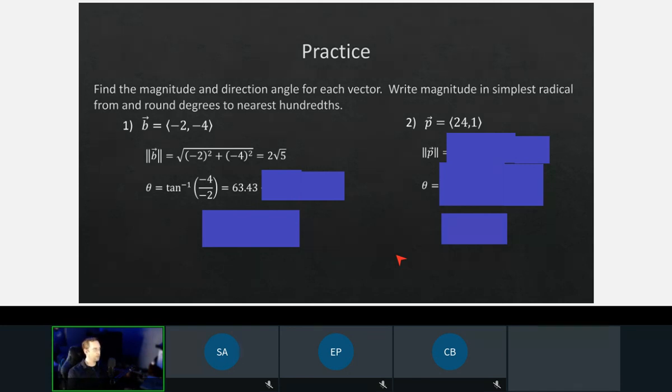So don't forget that check, so that the angle is in the same quadrant as the original point. These problems are simple, but if you forget that little piece, that's how you're going to miss these.